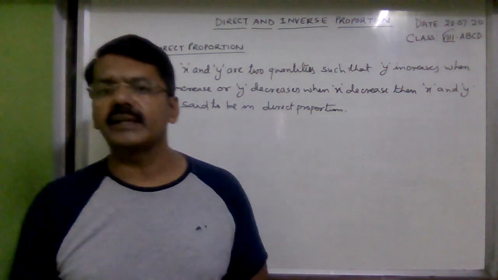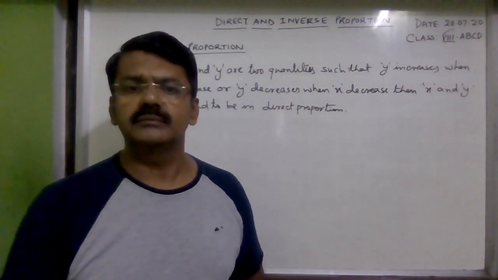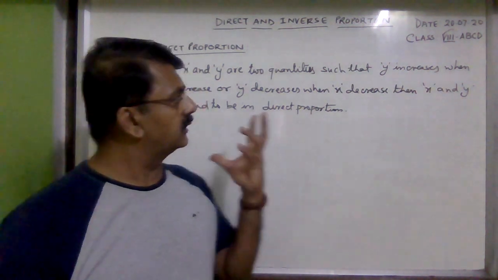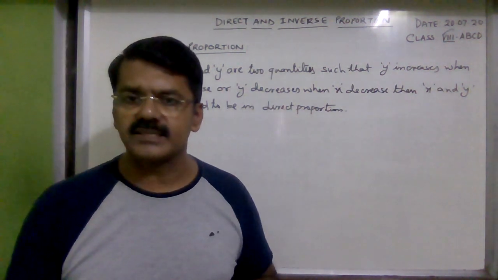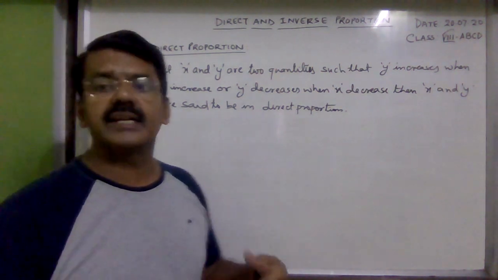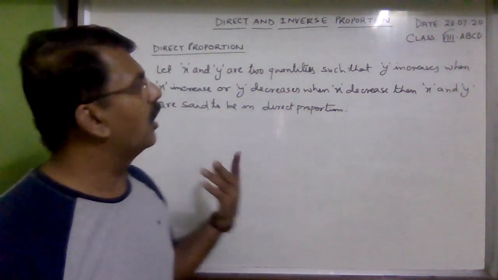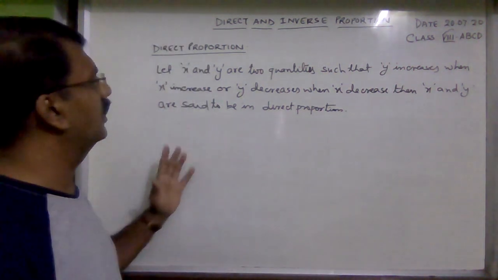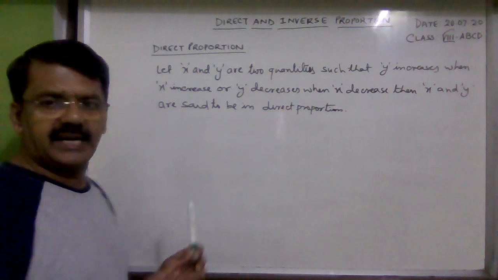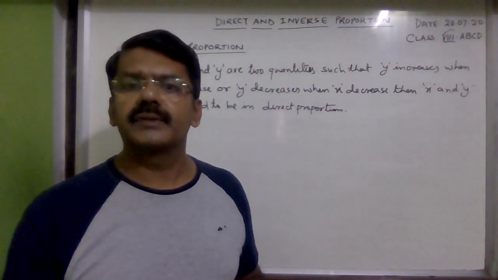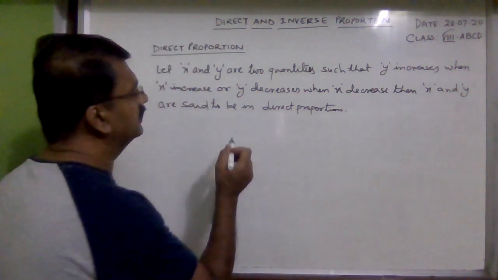So whenever you encounter a problem, you have to see whether the two quantities under consideration are in direct variation or in inverse variation or inverse proportion. Inverse proportion I will tell you later. First of all, suppose it is given that x and y are two quantities and they are in direct proportion.